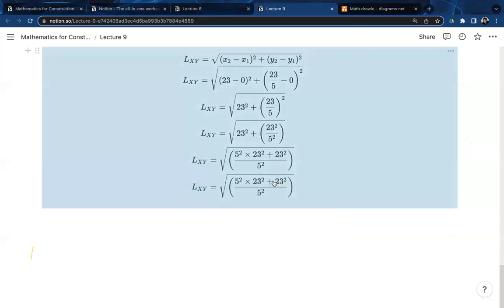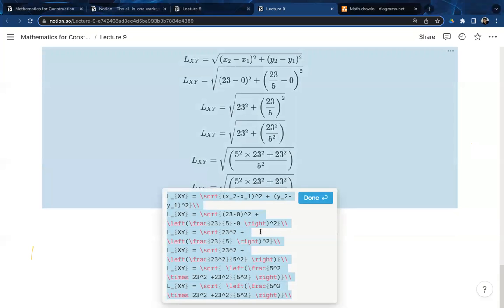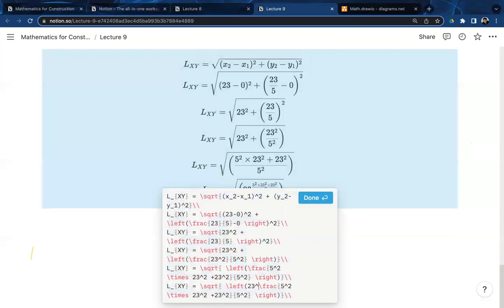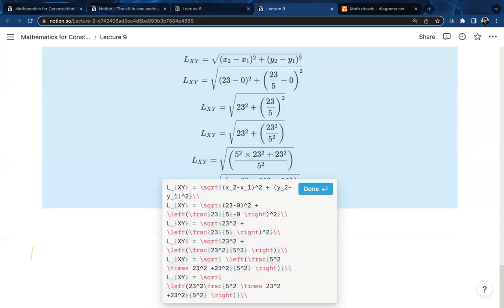This will be 23 squared, factorize this way.